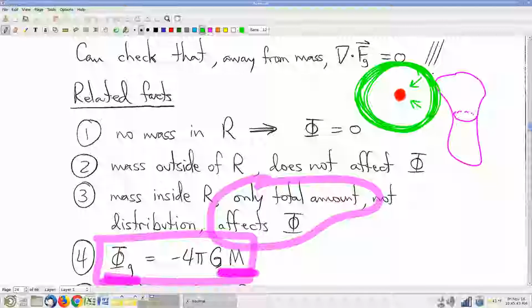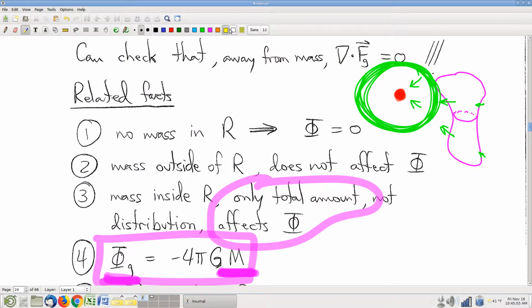So this mass here, yeah, it's going to create a gravitational field. There will be some field lines crossing the surface there. There will also be some field lines crossing the surface over here. But Gauss's divergence theorem, as applied to this solid, says flux is a triple integral of divergence. Divergence is equal to 0. Therefore, flux is 0.